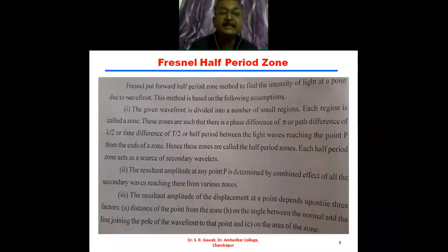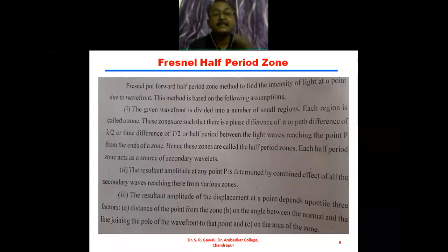The resultant intensity at a point P is determined by the combined effect of all the secondary waves reaching there from the various zones. The resultant amplitude of the displacement at a point depends upon three factors.